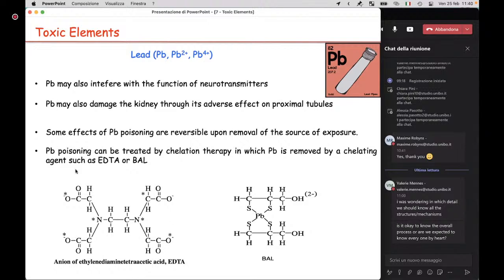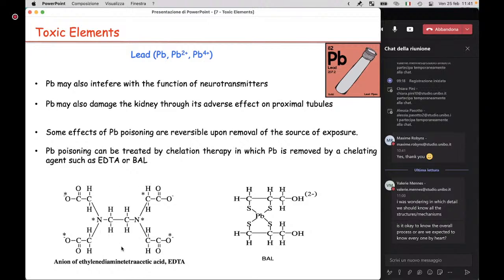And since this kind of compound is quite hydrophilic, it has a lot of carboxylic groups, it has a lot of at least partial charges, because of course carboxylic groups are acidic, so they can take a charge. And so the reaction between EDTA and lead produces a new compound.